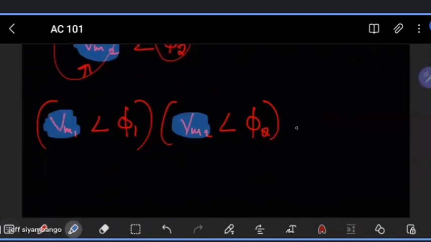So this is going to become VM1 multiplying VM2. This is what you're going to get for the first part. But for the angles, when you are multiplying, you add them. It's going to be the first angle plus the second angle. Have you got that? Yes. So basically, this is how it works.